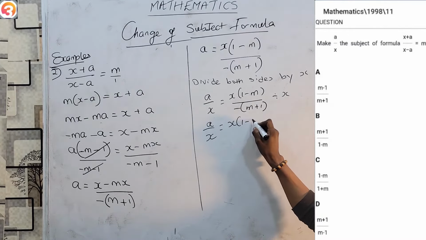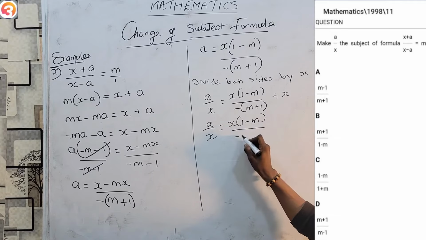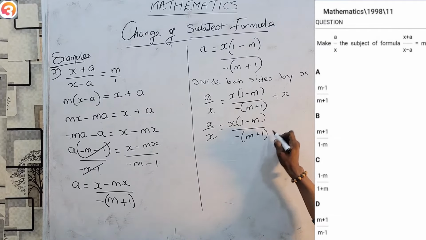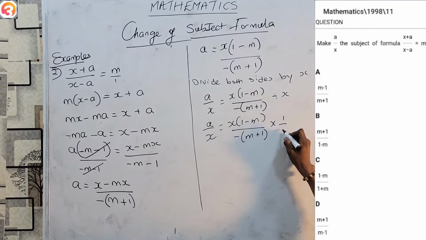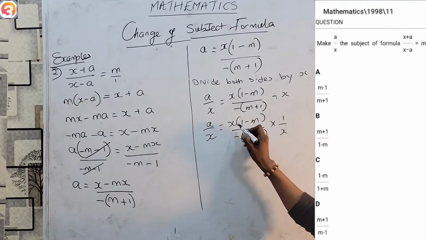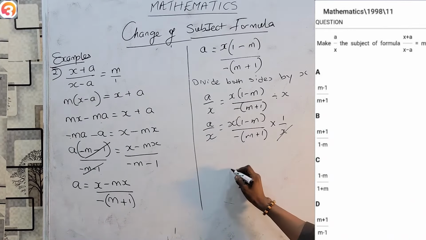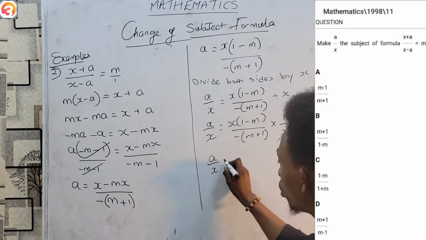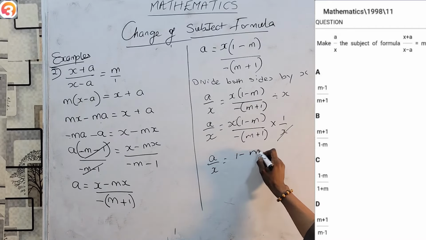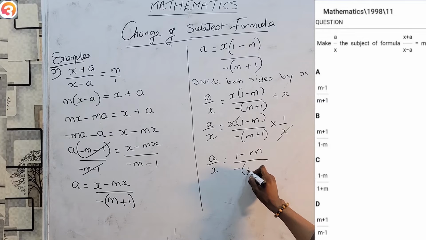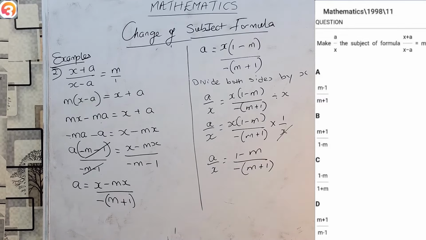This is x into 1 minus m over minus into m plus 1. Divide means times 1 over x. So x cancels x. And therefore, a over x must be 1 minus m over minus into m plus 1.